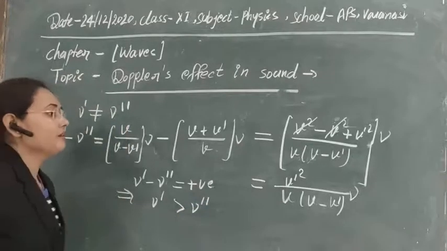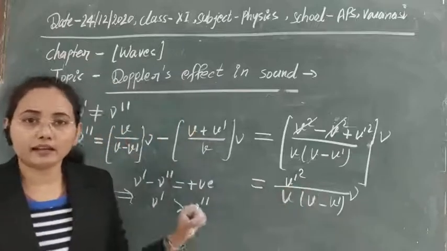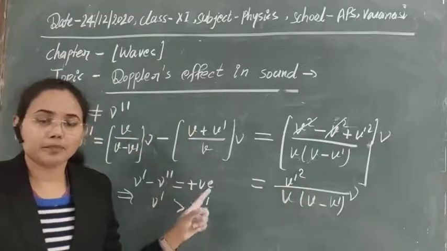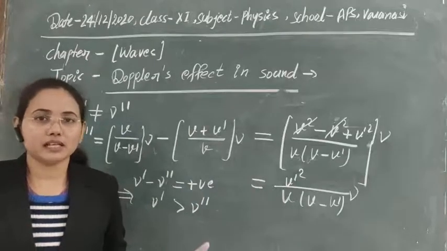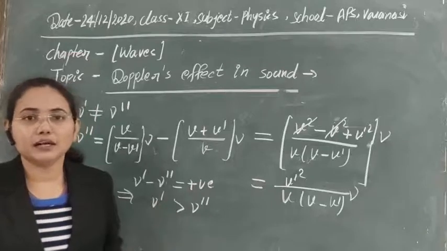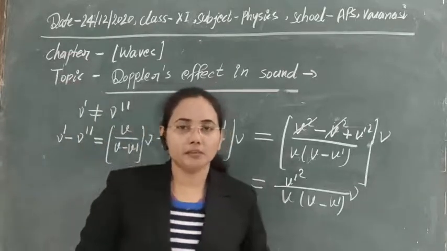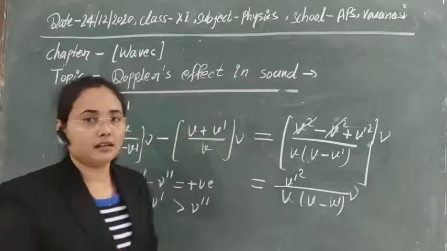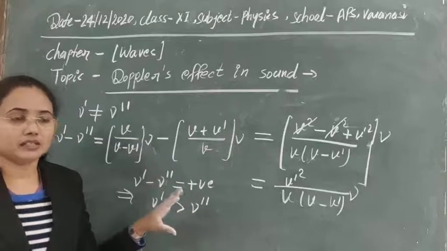Whenever the source is approaching the listener, the listener will hear a greater frequency in comparison to when the listener is moving towards the source with the same velocity. So there are different frequencies heard by the listener, although they are approaching each other with equal velocity. That doesn't matter here, but still this is due to asymmetric nature.